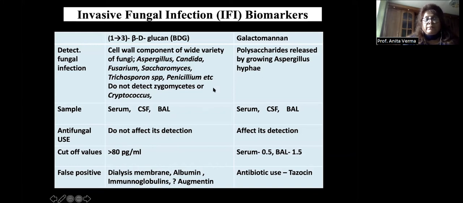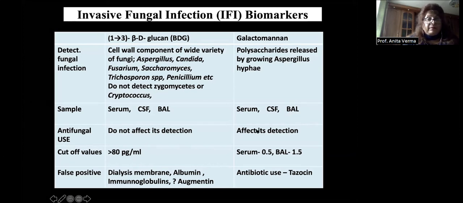some beta-lactam antibiotics. Galactomannan, on the other hand, is a very specific marker for Aspergillus infection. It is a polysaccharide which is only released by growing Aspergillus hyphae. It is less sensitive in serum and CSF, but it is highly sensitive and specific in bronchoalveolar lavage. So I recommend that when you suspect pulmonary aspergillosis, we should always test it in BAL.